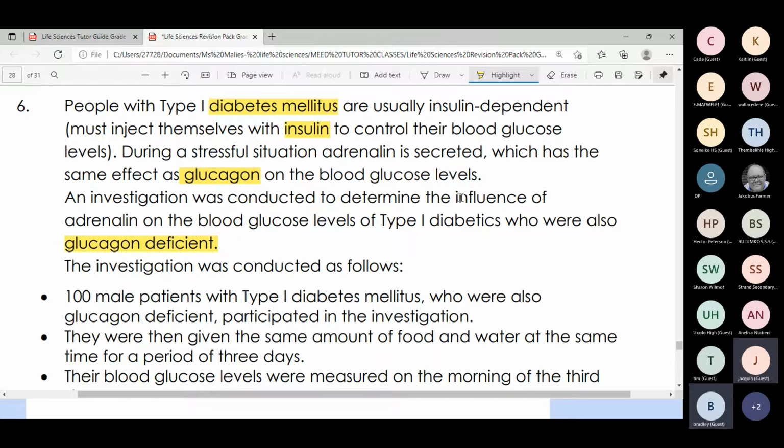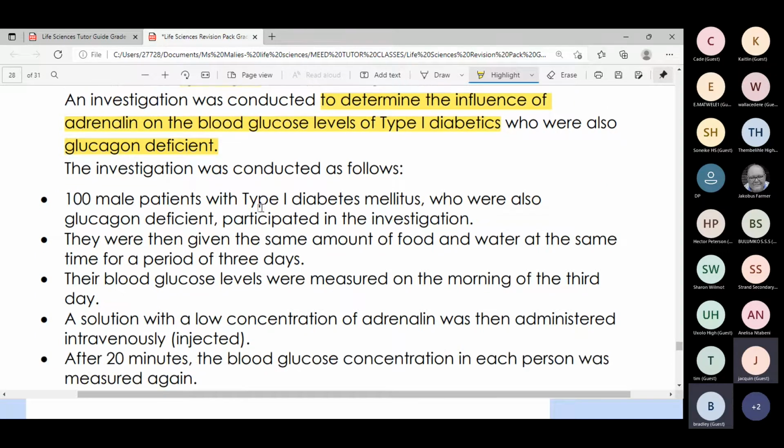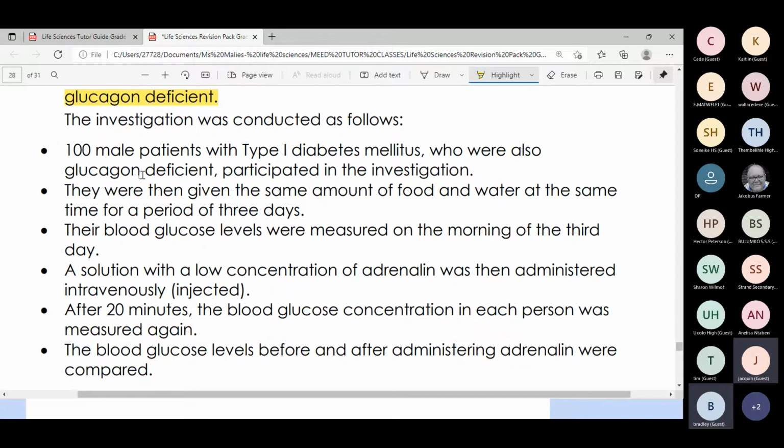They also didn't have enough glucagon. The investigation was conducted as follows. So here, what was the aim? Determine the influence of adrenaline on glucose levels in type 1 diabetics. 100 male patients with type 1 diabetes mellitus who were also glucagon deficient participated in the investigation.